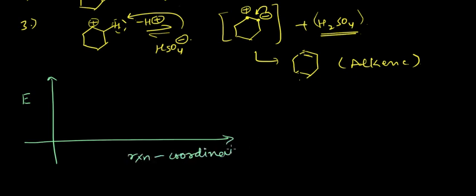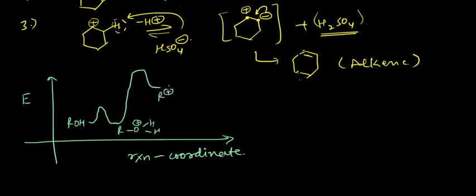We have this ROH here, and this ROH gets converted into ROH2 plus as it takes the hydrogen, and then the rate determining step happens, in which we have formation of a carbocation, and then eventually with the carbocation we get the alkene over here. This is the alkene.